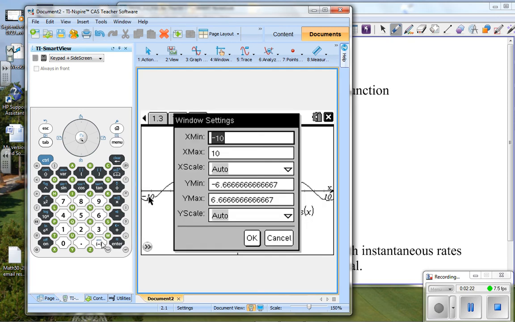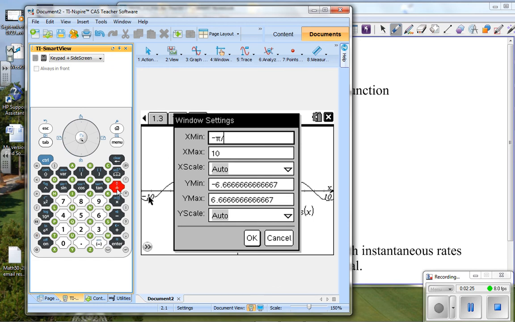I'm going to make this negative pi divided by 2, and I'm going to make this then pi, and we'll tab it, the scale, let's say every 1 unit. The range of the cosine would go from -1, and I'm going to make this top maximum to be 1.5, and I'm going to scale by 1. So I'm going to use that kind of a window. You can use whichever you choose. That's the one I'm going to use though.